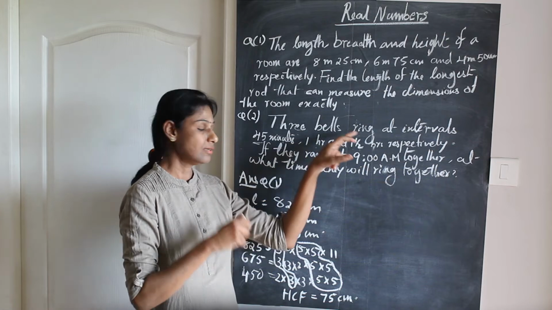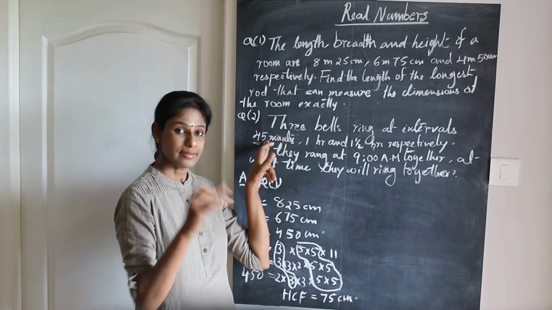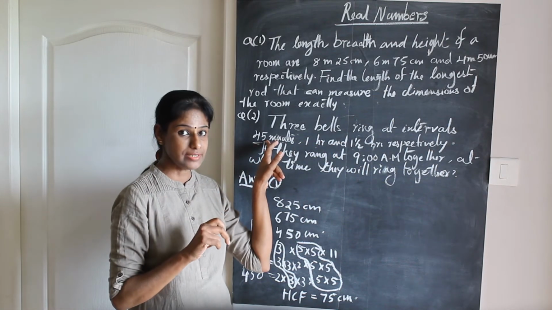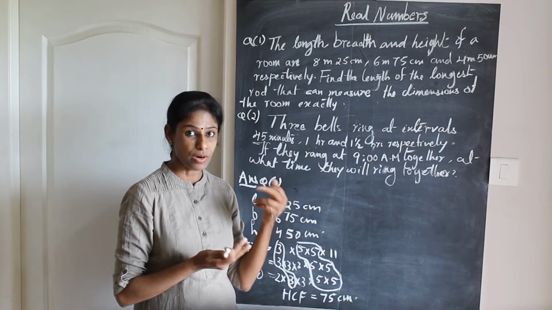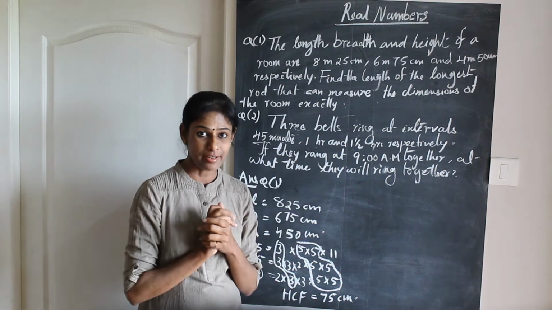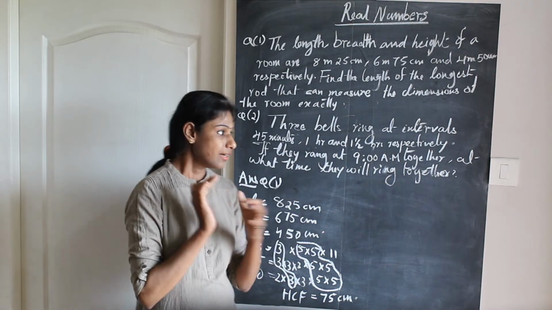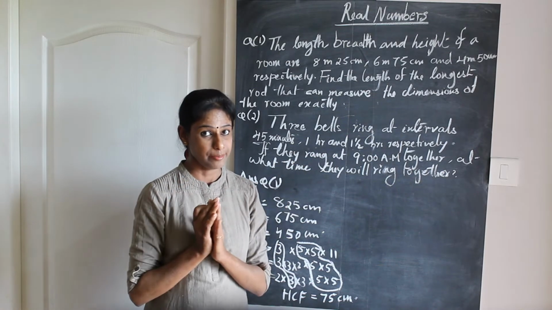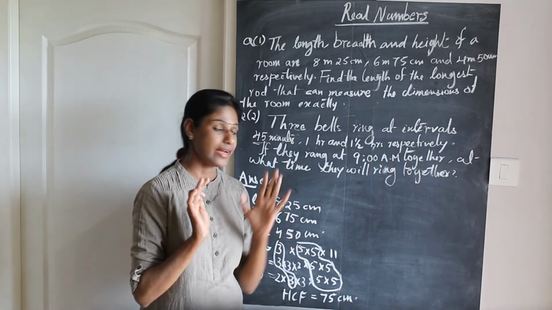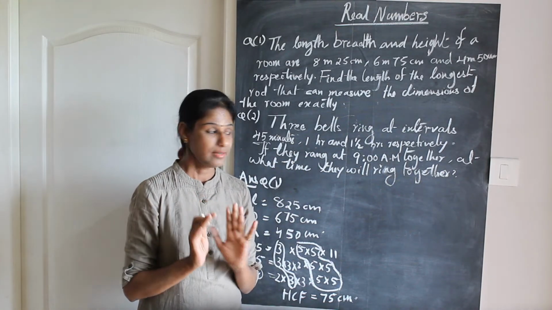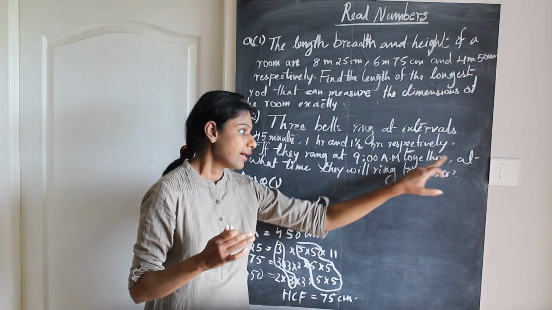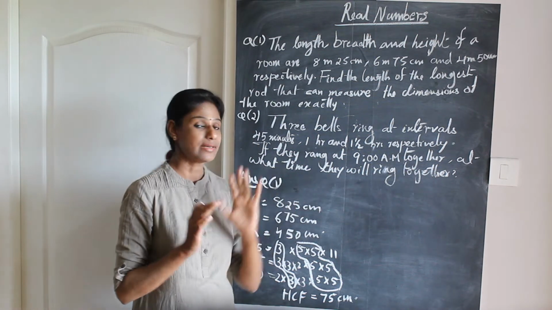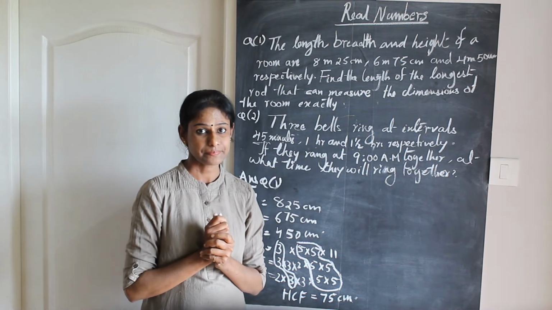In the school, the bell rings at an interval of 45 minutes, in the church 1 hour, in the temple 1.5 hours respectively. And the question says that if they first rang together at 9 a.m. in the morning, at what time will they ring together again?